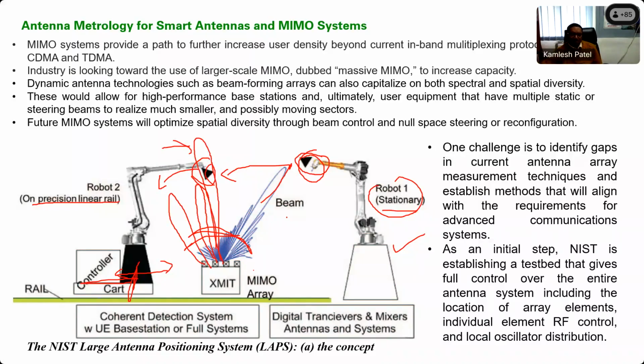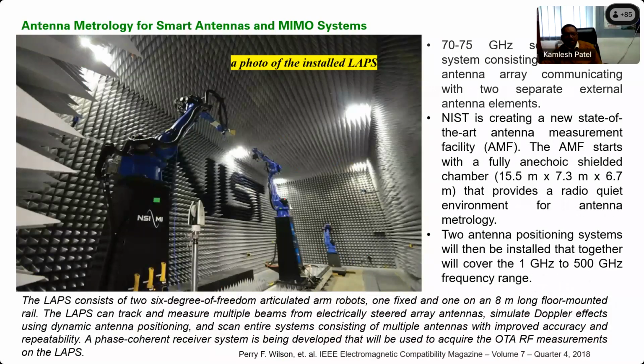They developed a system, which in short is named as a labs. This is the figure of the labs system, and you can see it is a very big system containing an anechoic chamber along with the robots and the absorbers.